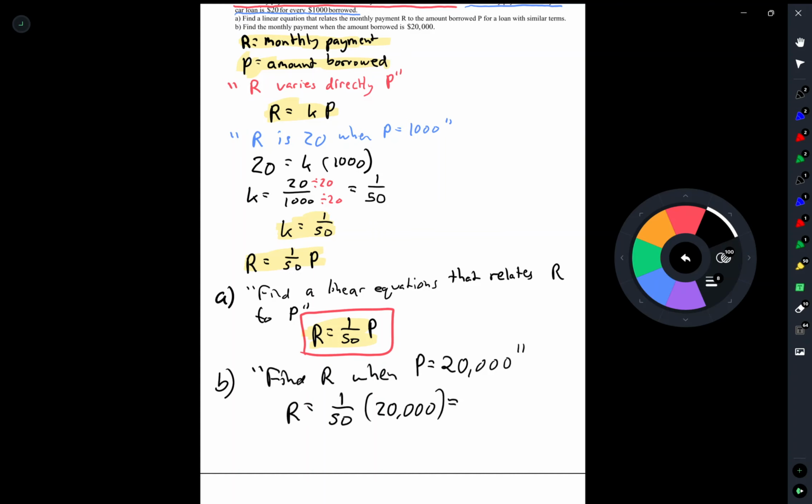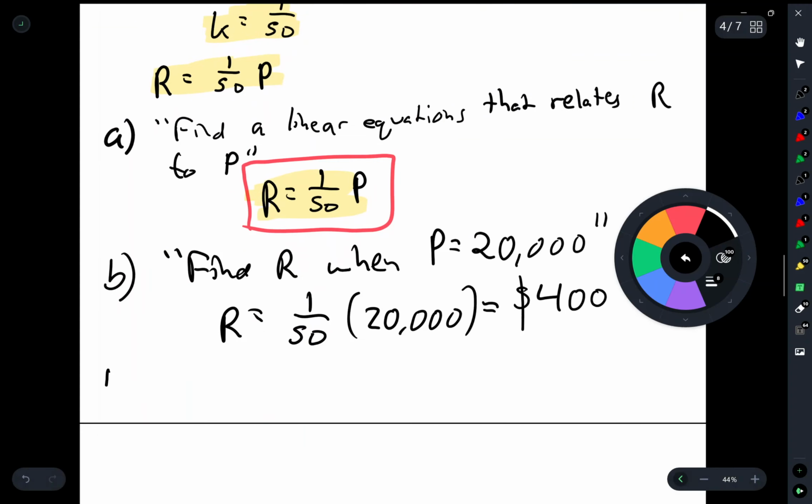Yes, $400. Okay, and that would be the answer to that, but I want to do one more thing real quick, because we found an answer, but of course, what does that answer represent? So the $400, if we go back to part B, we will pay $400 monthly when the amount borrowed is $20,000. So let's put that in the sentence.